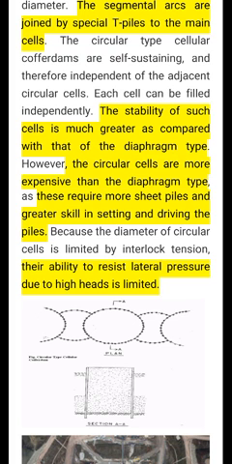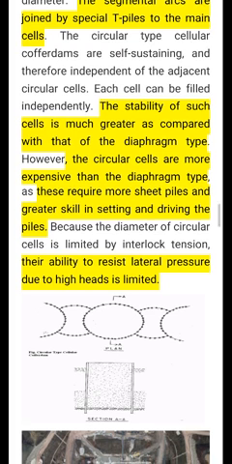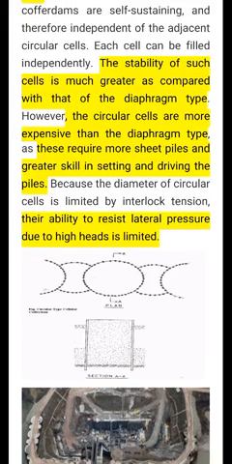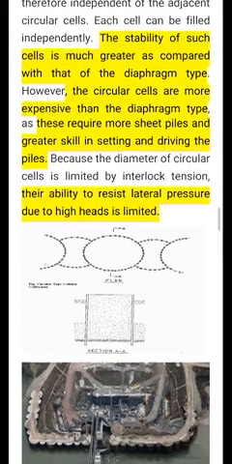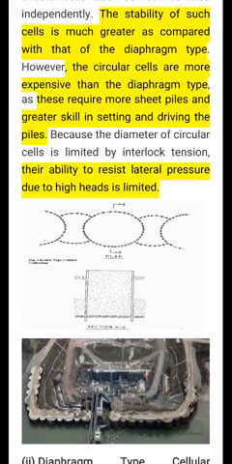Arc length is more than a straight line, that's why it is expensive. These require more sheet piles. Obviously if the length is more, the sheet requirement will be more, and greater skill is required in setting and driving the piles. The ability to resist lateral pressure due to high head is limited.